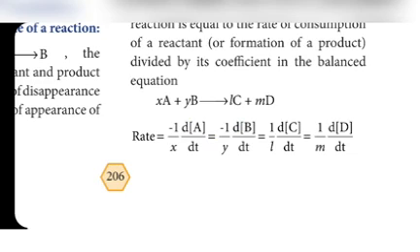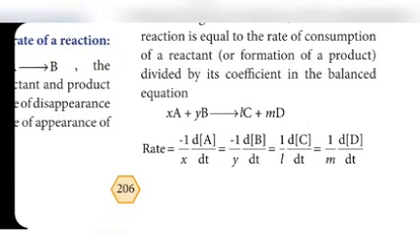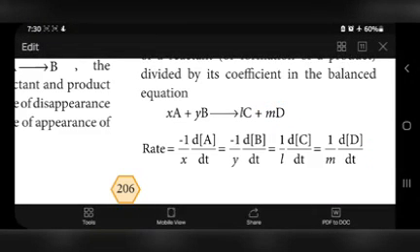Next one, same rate is given but in terms of product C. So change in concentration of product C divided by time taken dt. l, so reciprocal of l is given, that is 1 by l. Like that, rate is given in terms of product D. Change in concentration of product D divided by time taken dt. Here m number of moles is there, so only you have to write 1 by m.